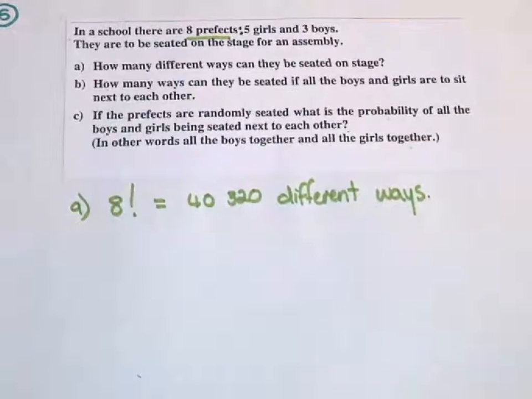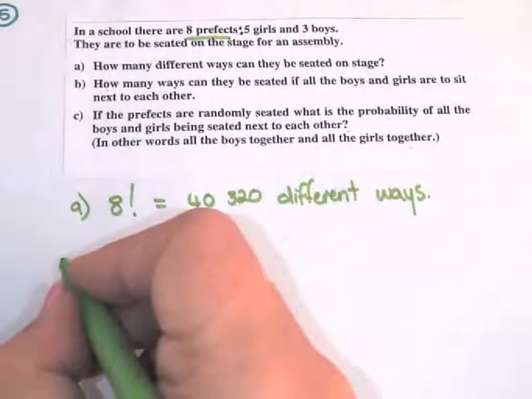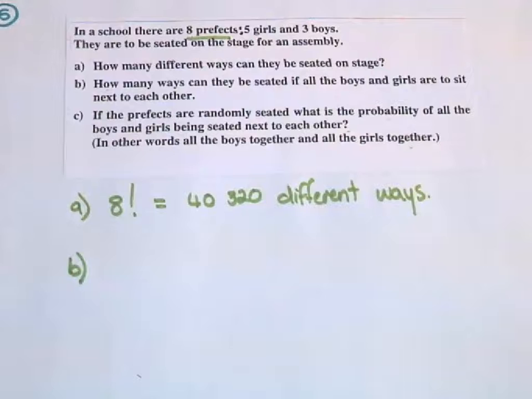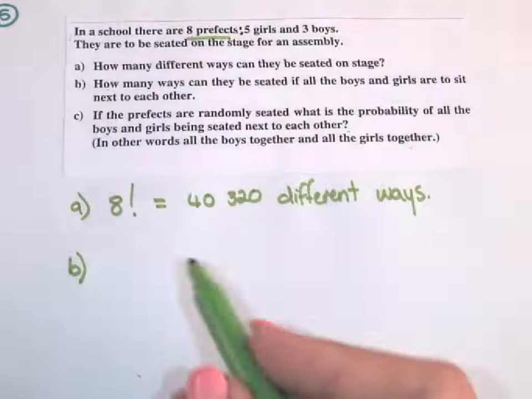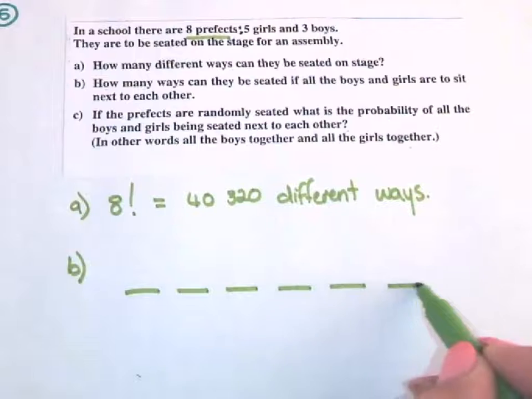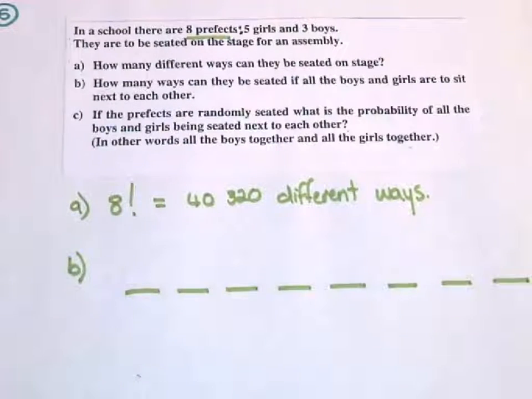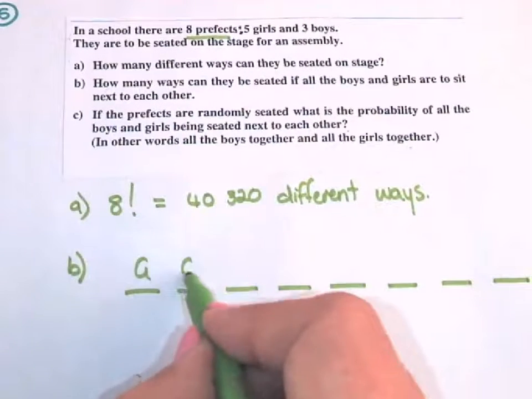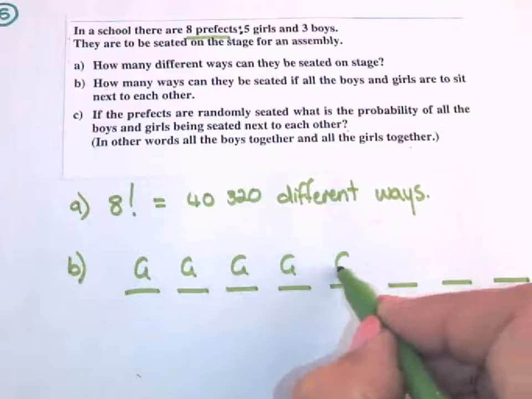That's a lot. Now for question B. All the boys and all the girls want to be seated together. So boys together, girls together. We have 8 seats. We have 5 girls, 1, 2, 3, 4, 5.